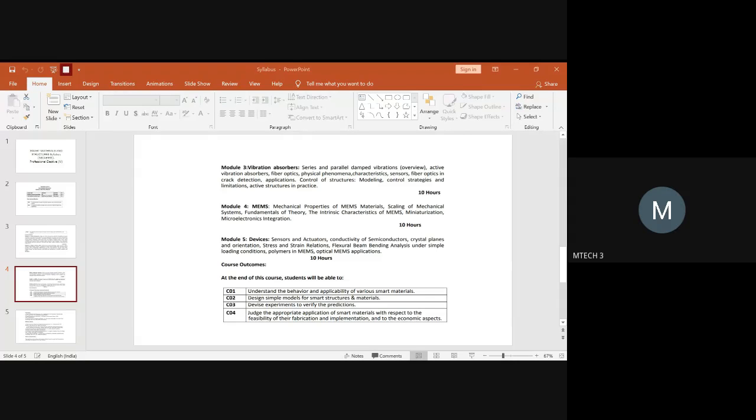Dhanush, just do me a favor. Those who haven't joined, kindly ping them and let me see. I need to decide their topic also. Ask them to join immediately. Who is not there? Srinidhi is not there, right? Srinidhi was not there from the first class, ma'am. I think she's absent today. Just put a message asking why she has not joined.